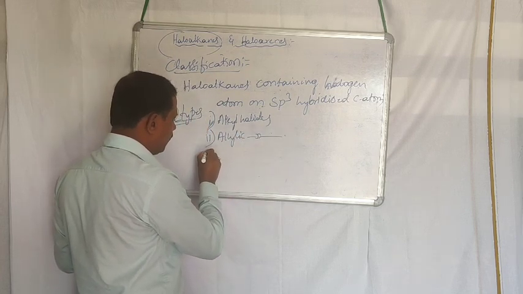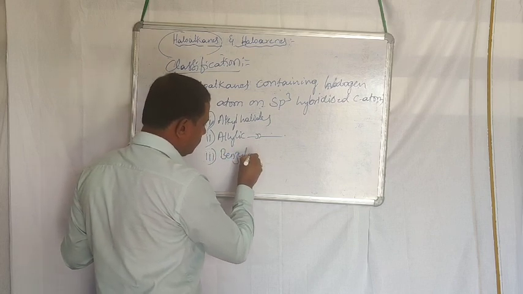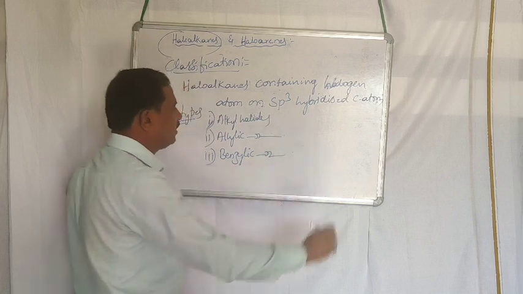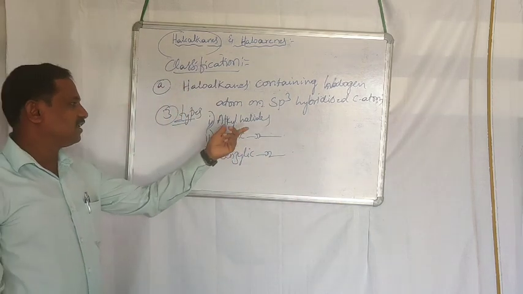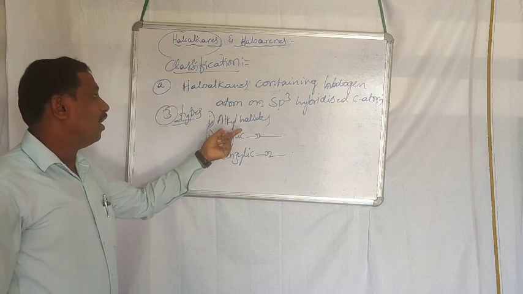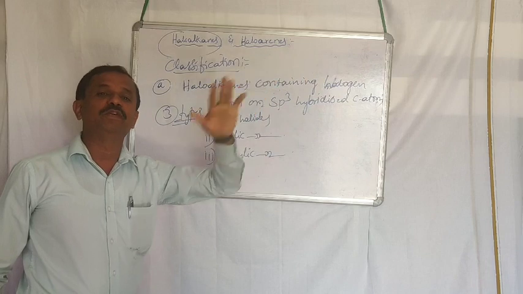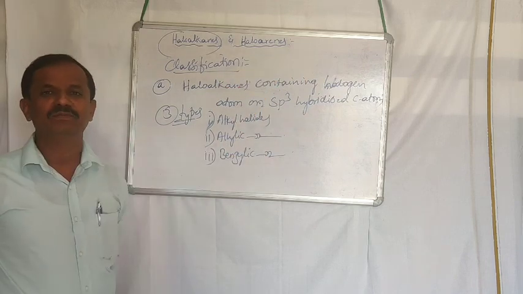Number three, benzylic halides. These are the three different types of haloalkanes containing halogen atom on sp3 hybridized carbon atom.